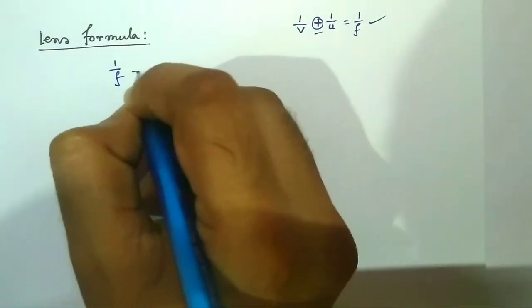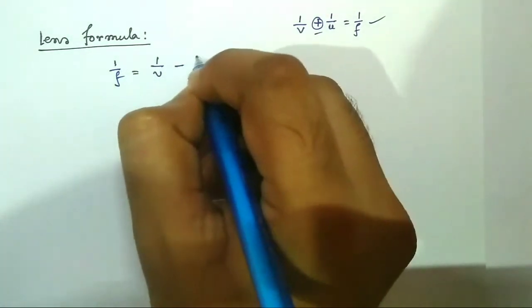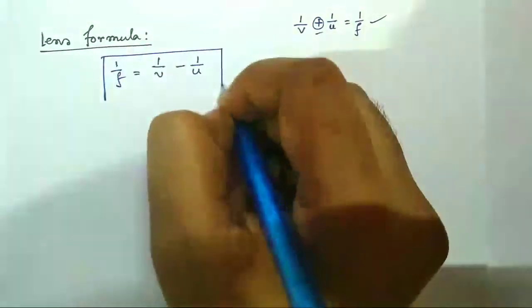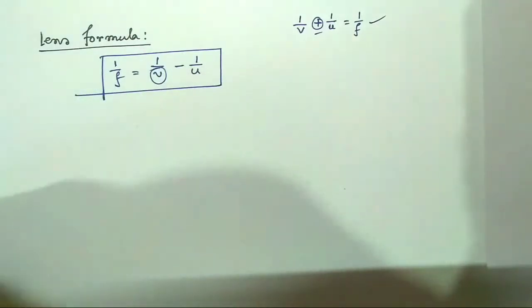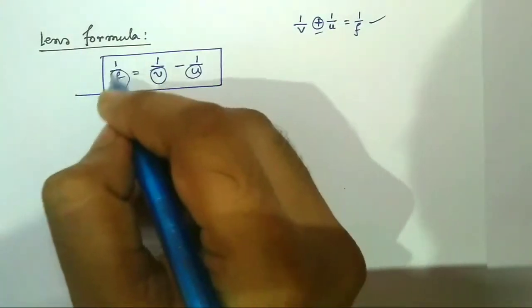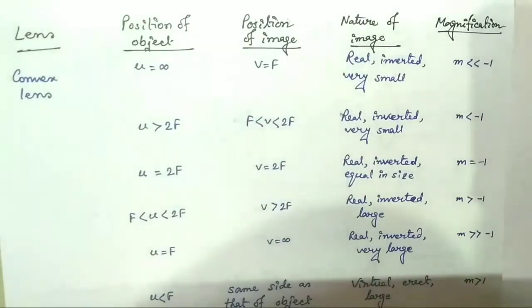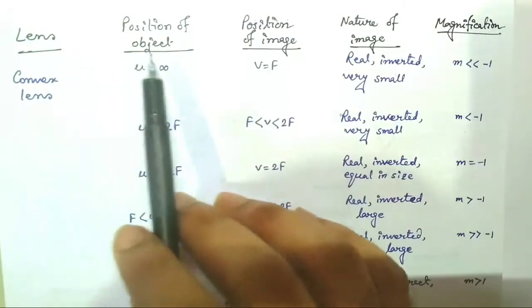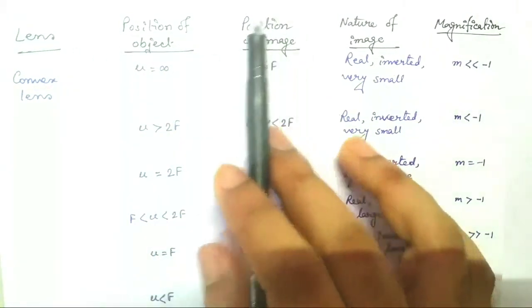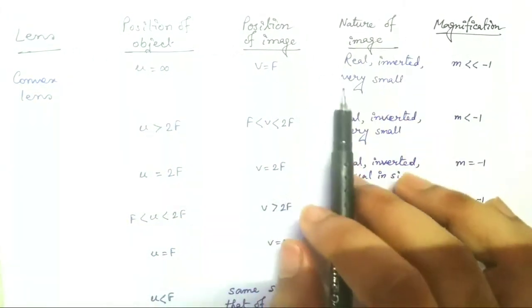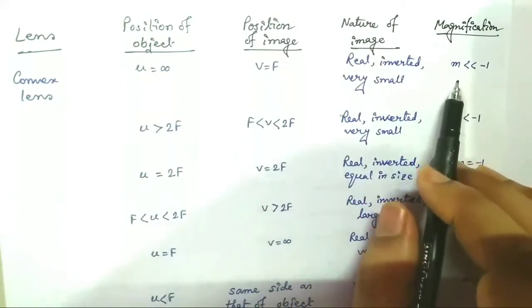So, 1 by F equal to 1 by V minus 1 by U. This is the lens formula where V is the image distance, U is the object distance, and F is the focal length of the lens. Okay? Now, let us discuss about the type of the lens, position of the object, position of the image, nature of the image formed, and magnification.